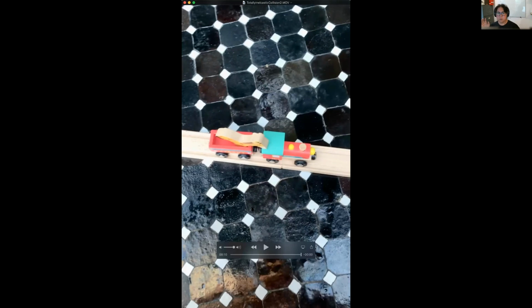When you have two objects colliding with each other and after the collision they move together, it's called a totally inelastic collision.